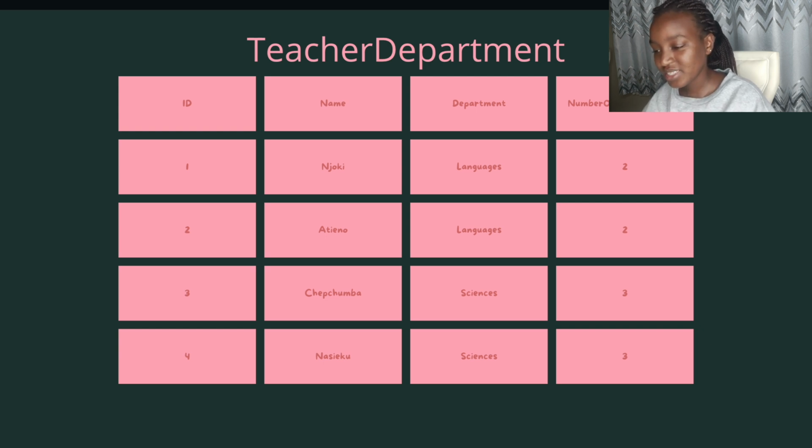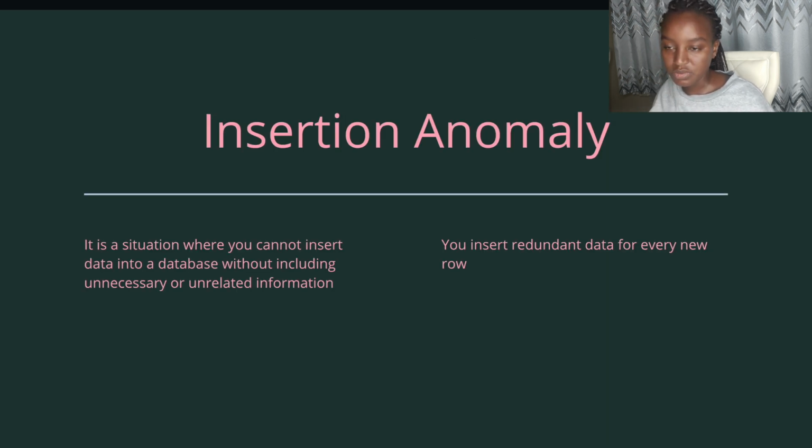As you can see, we have, for instance, Njoki, who belongs to the languages department, with two subjects in this department. We also have Atieno under languages, we have Chepchumba under sciences, we have Nasieku under sciences, where there's 3.